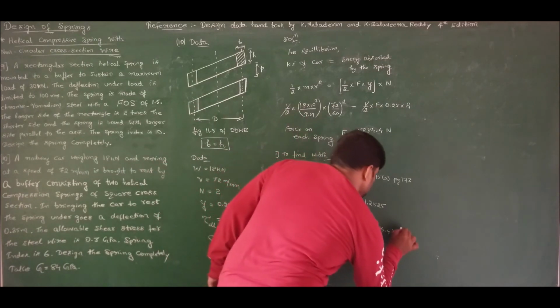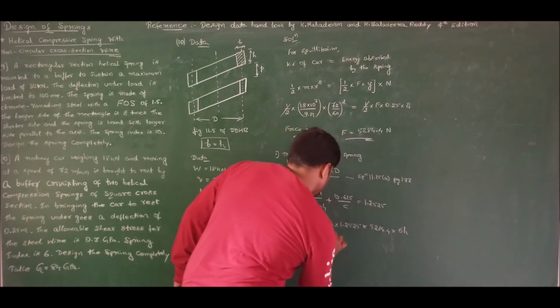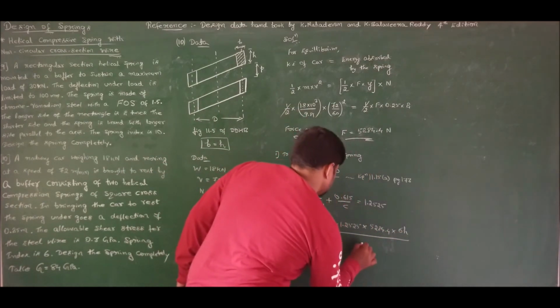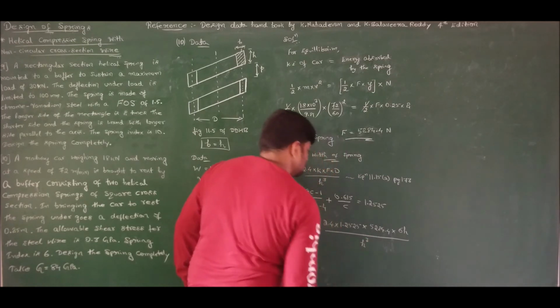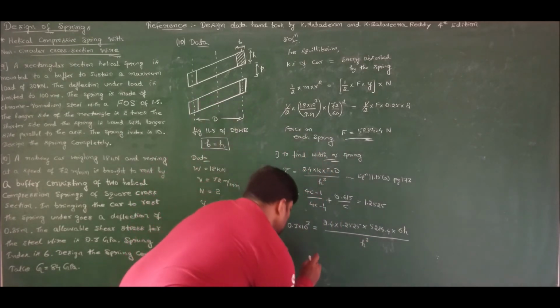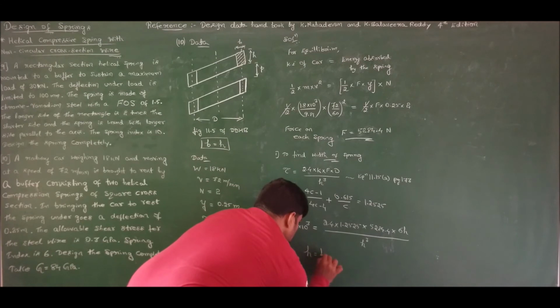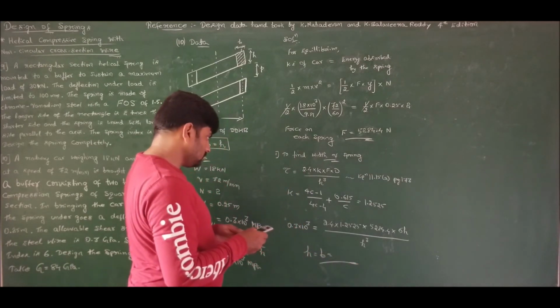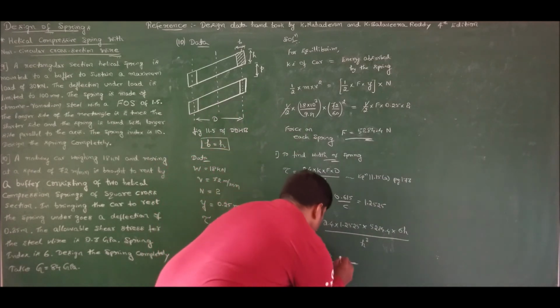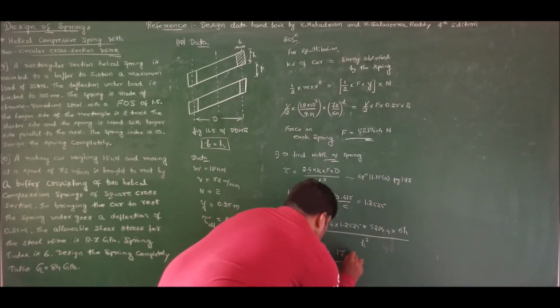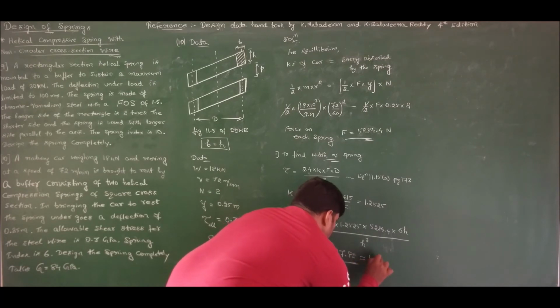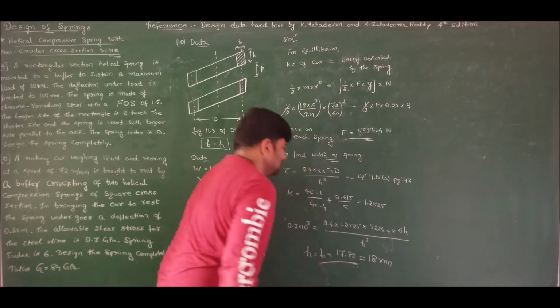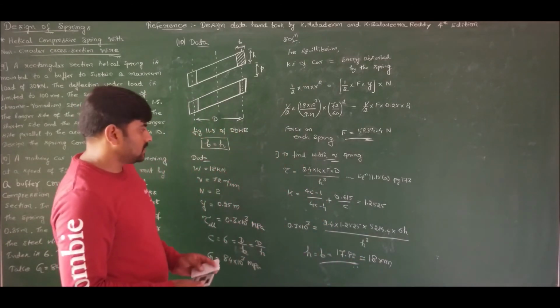So whatever you can take, I'll take it as 6H divided by HQ. So if I solve for H, I'll get H, which is equal to B as 17.82, which is nearly equal to 18 millimeters. So you can adopt the answer as 18 millimeters.